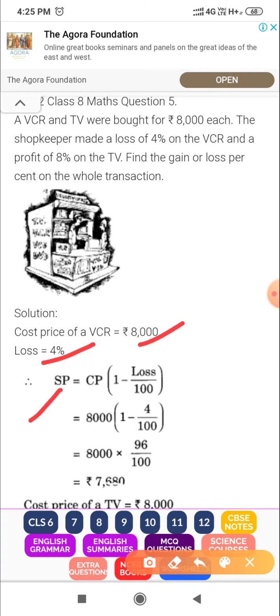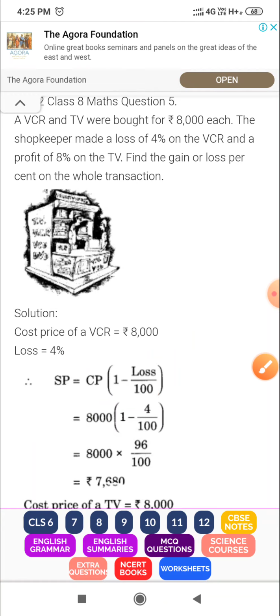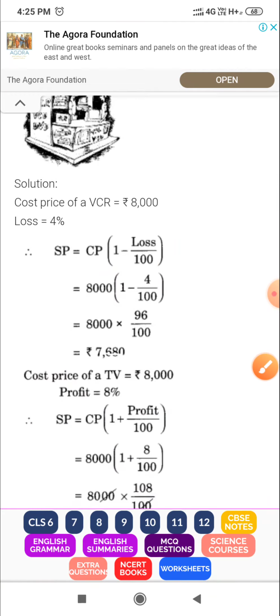When loss percent is given, then we apply the formula of SP, and this formula is SP is equal to CP multiplied by 1 minus loss percent upon 100. Now in this question CP is rupees 8,000, and loss percent is 4% divided by 100. Then we take LCM of 1 and 100.